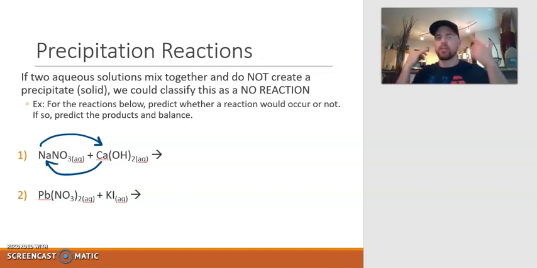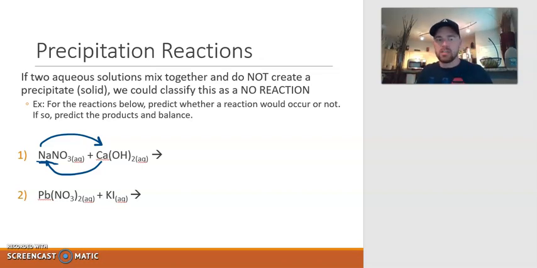So we need to think through and say, okay, if sodium were to somehow bond to hydroxide, we don't have to think about it just yet specifically what the formula will be. Just think, if sodium bonded to hydroxide, would that create a solid product? And the answer hopefully is no, because right away, remember that sodium, anything bonded to sodium, it's an alkali metal, it's not going to be solid. So right away, that's one product that's not solid.